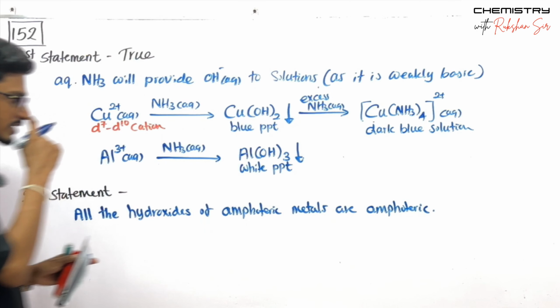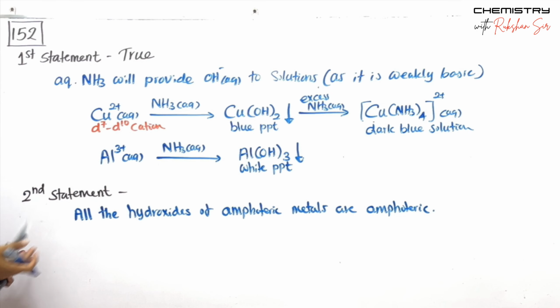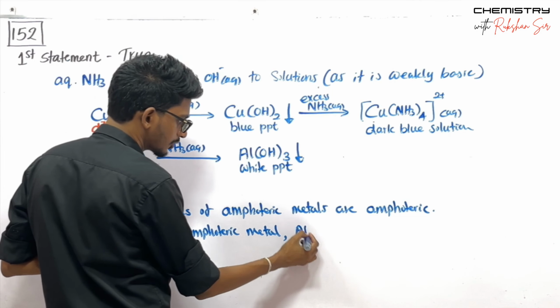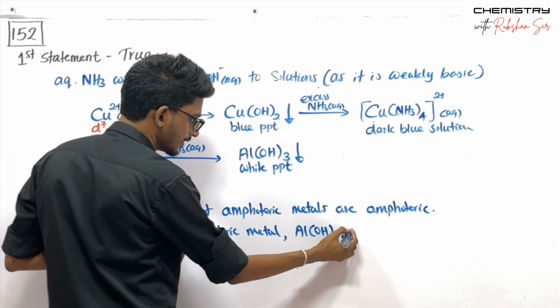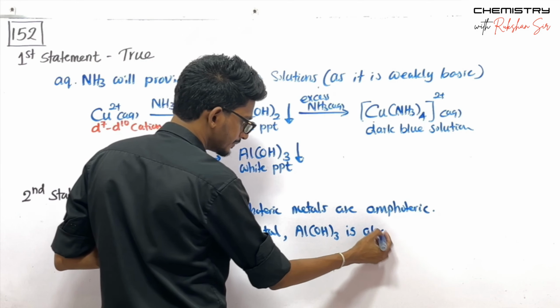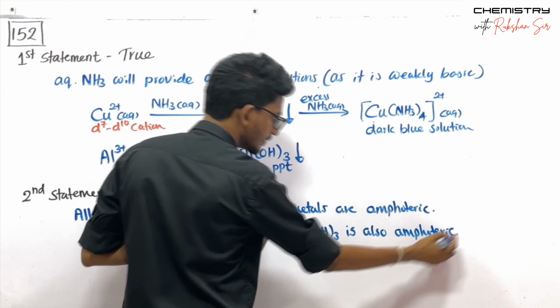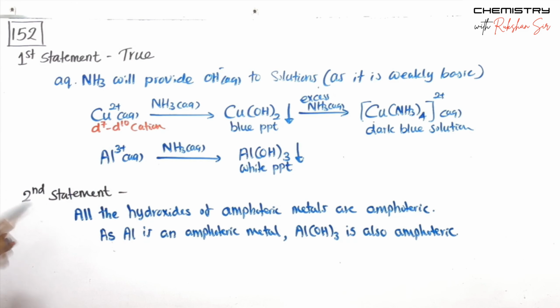So as aluminium is an amphoteric metal, aluminium hydroxide is also amphoteric. As Al is an amphoteric metal, its hydroxide, Al(OH)3, is also amphoteric. Yes, the statement is true.